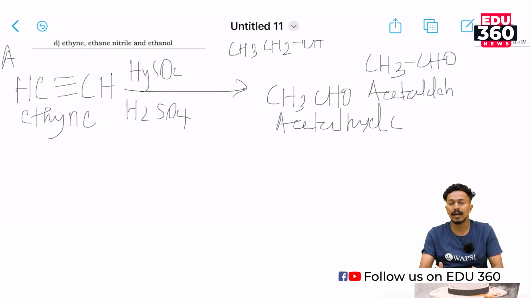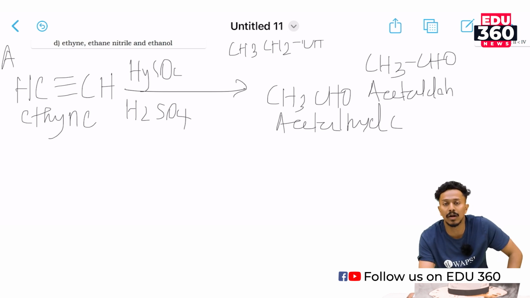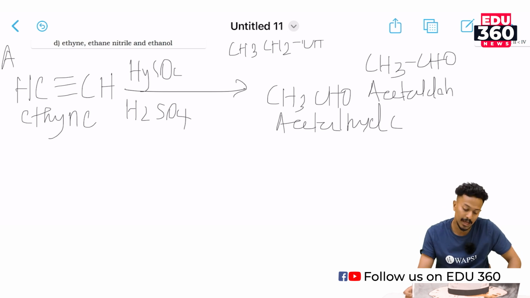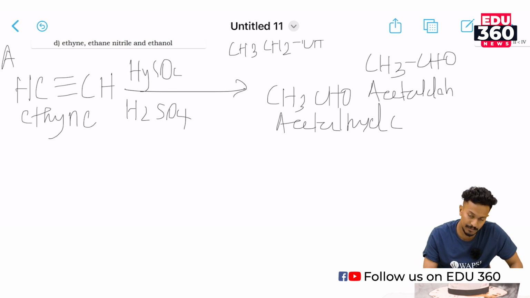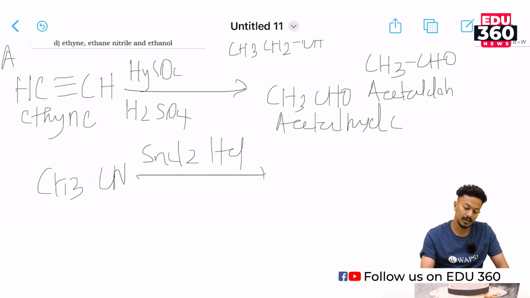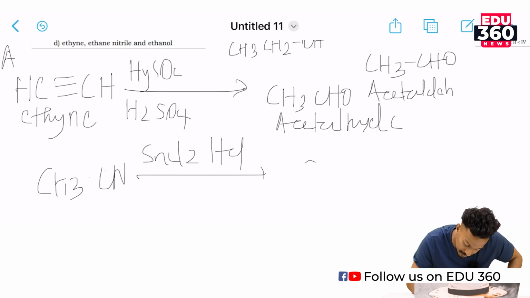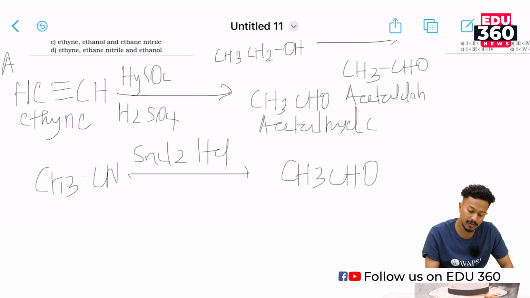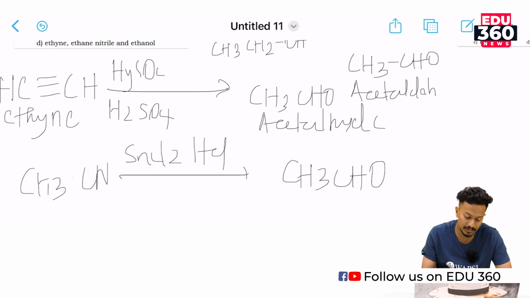When a nitrile, CH3CN, is treated with SnCl2 and HCl, we get CH3CHO. This is the Stephen reduction of an alkyl nitrile.